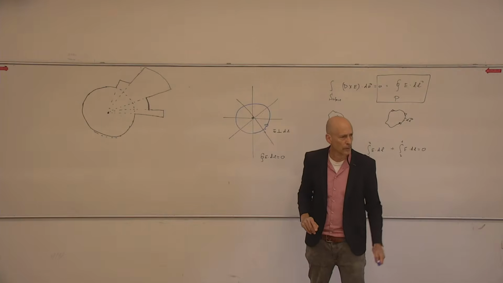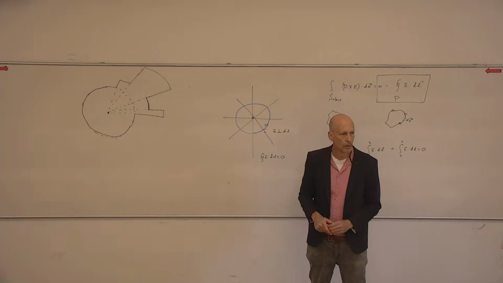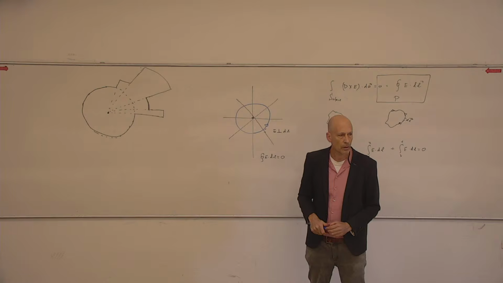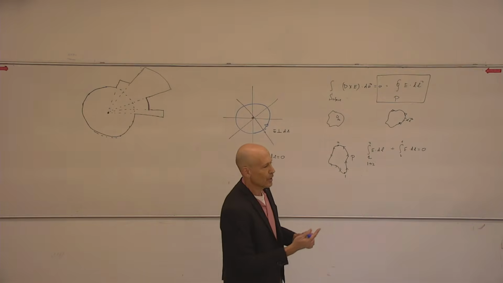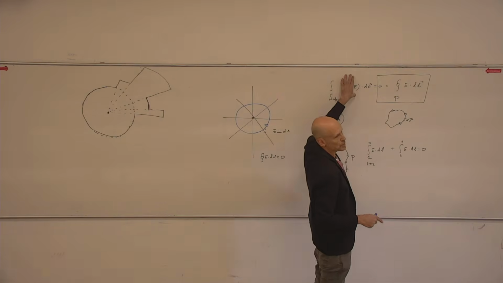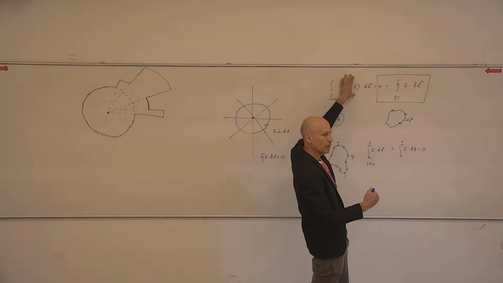You had a question? Is it related to the fact that you can introduce the electric field as a gradient of a scalar field, and then you say that a closed integral of a gradient is 0? Yeah, but the way I see it is exactly the opposite. That is, the curl of E is 0 because it comes from Maxwell.